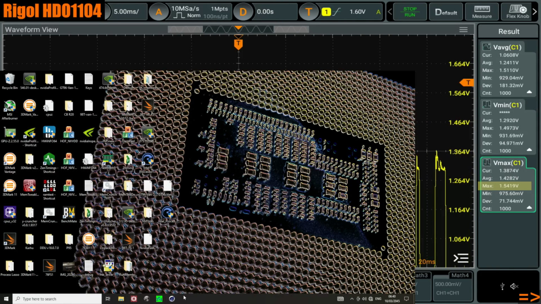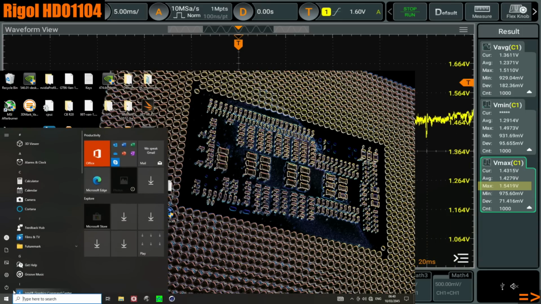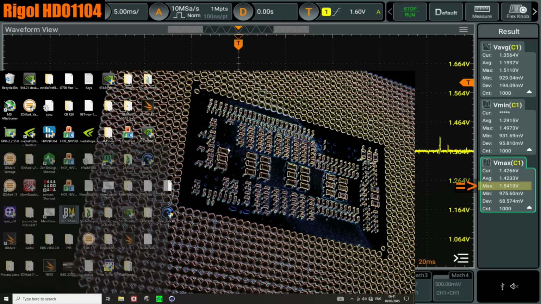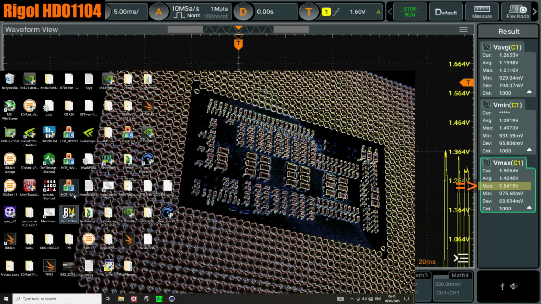Evidently running Cinebench R15 standalone has problems with E-cores. Cool. But either way, in spite of all this, we haven't gone over 1.55 volts. So it looks like Intel's new microcode, as far as I can tell, does what it sets out to do.